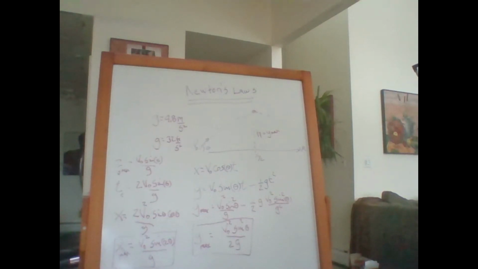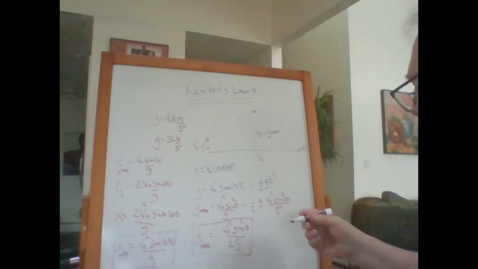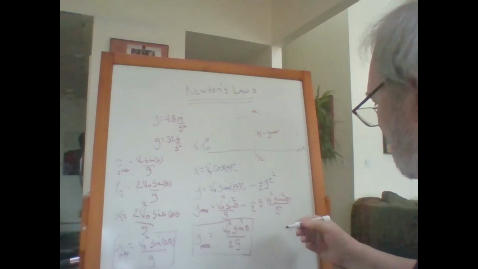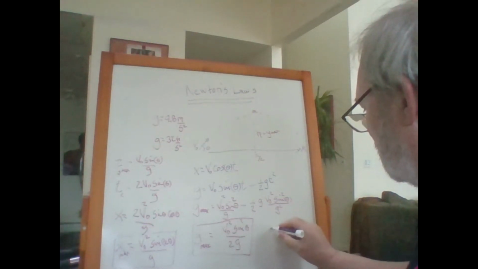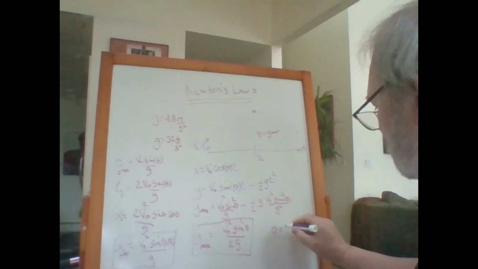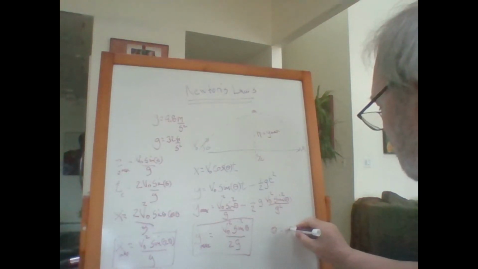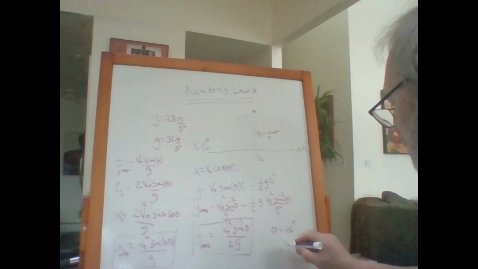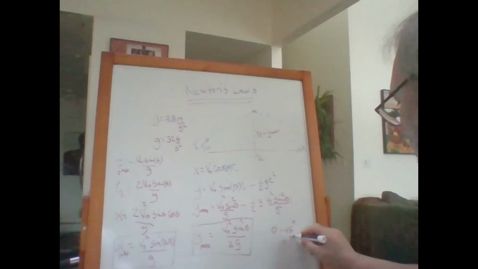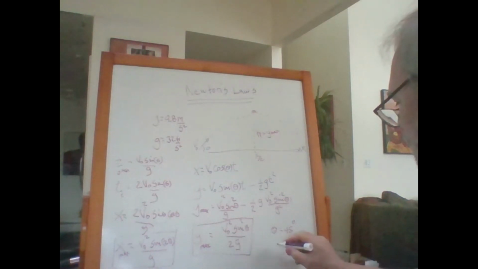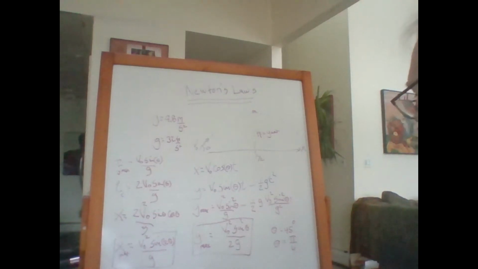And then we can take a look at the angle that will maximize our distance. And I believe when you do that, you're going to find that theta is going to be equal to 45 degrees, or what is that, pi on 4. So that will be the angle that maximizes this trajectory.